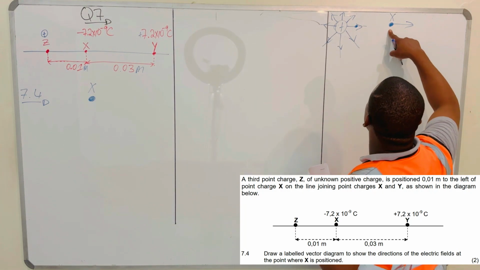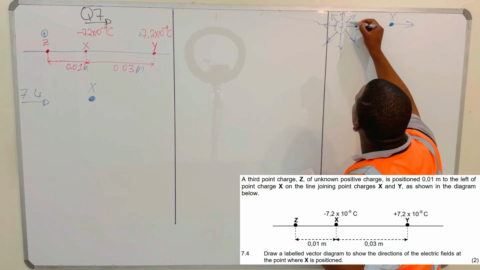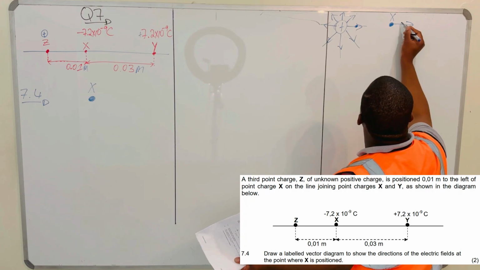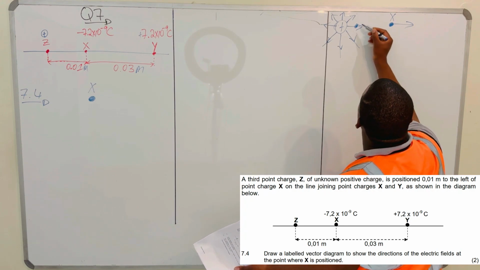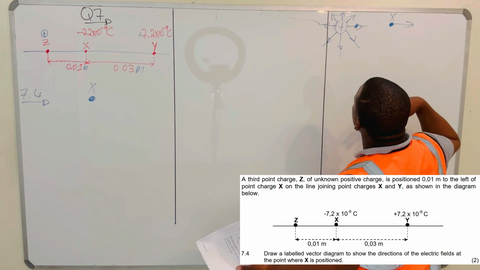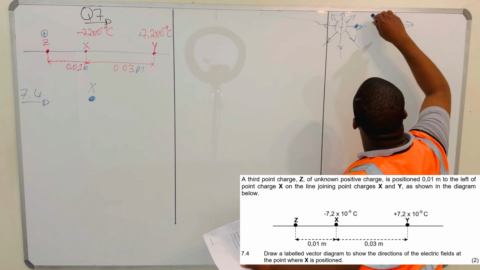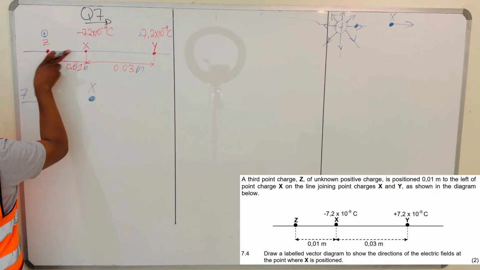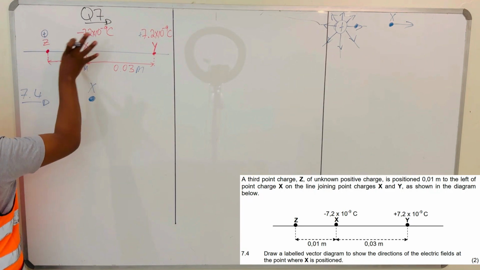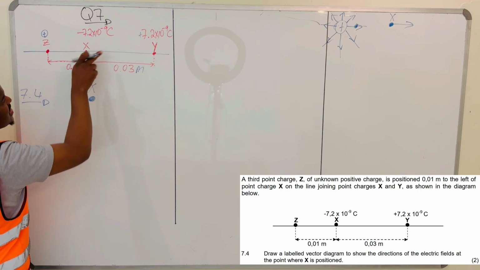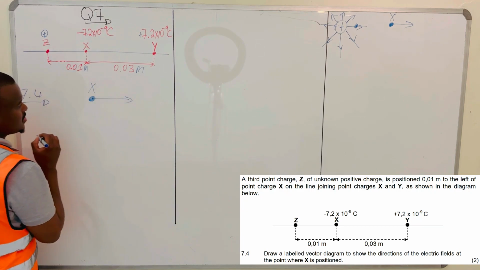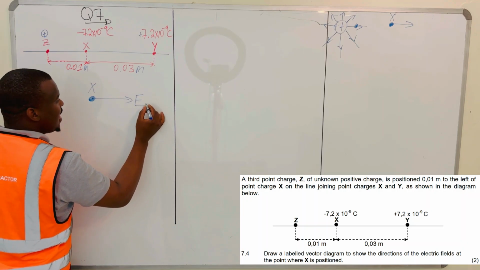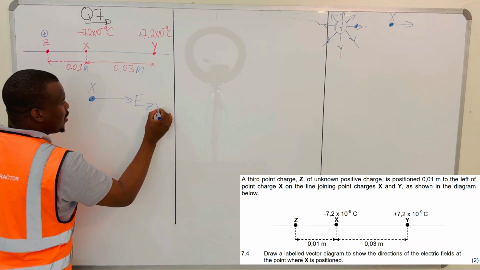So if your X was sitting here, and there's this positive charge radiating out in all directions, you will feel an outward electric field of Z in that direction. So it will be like this.